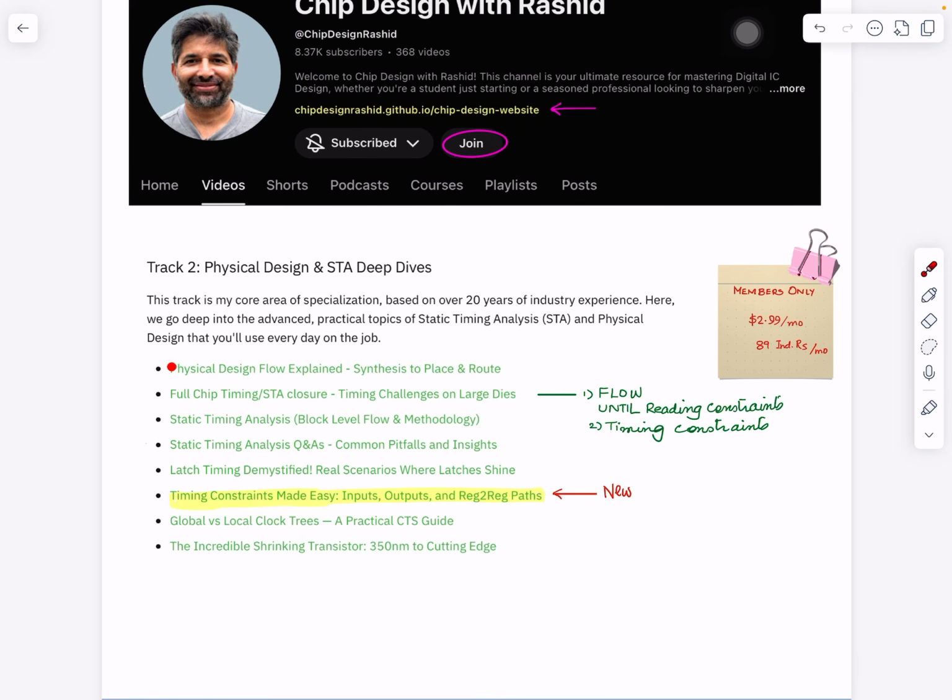First, the physical design flow. Here I took a small RTL block from synthesis all the way to route, and I actually gave the commands of the tools to demonstrate the flow. At each stage of the flow, I provided concepts: what is the placer doing, what is the router doing, what is happening in CTS.